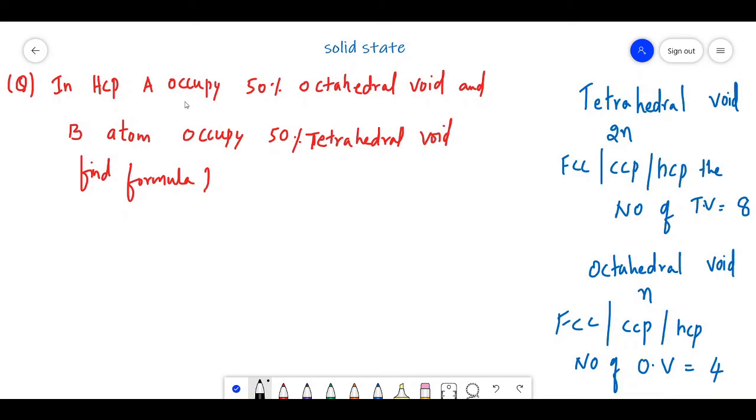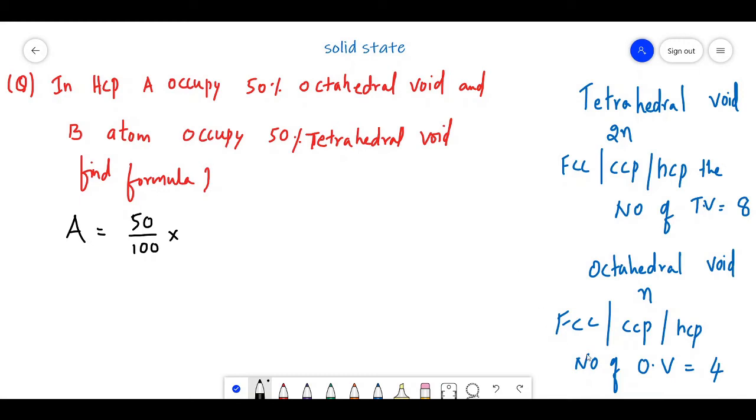In HCP, A occupies 50% octahedral void and B occupies 50% tetrahedral void. So now how to solve this problem: A is occupying 50%, so take it as 50 by 100. Percentage is given, so it is 50 by 100 into the HCP octahedral voids.